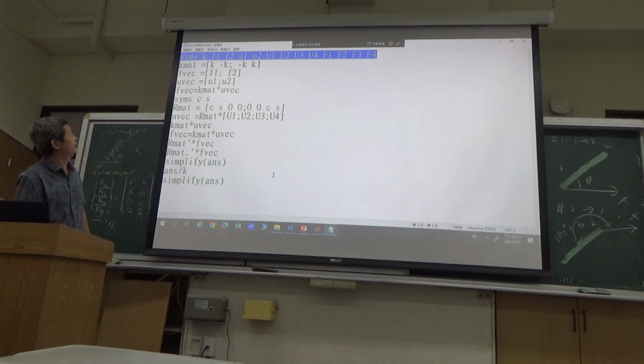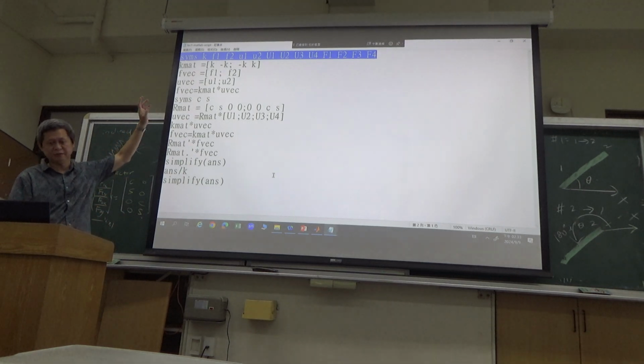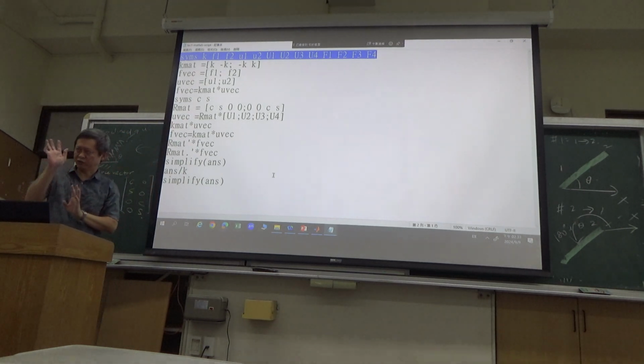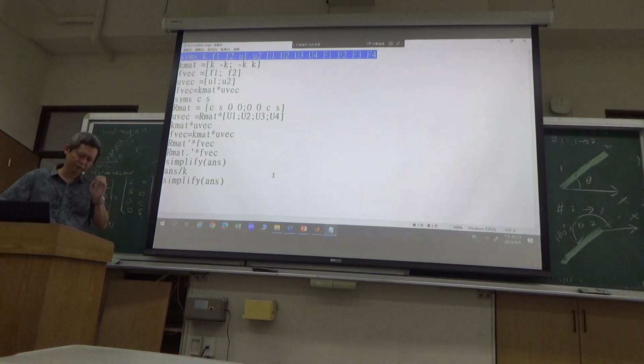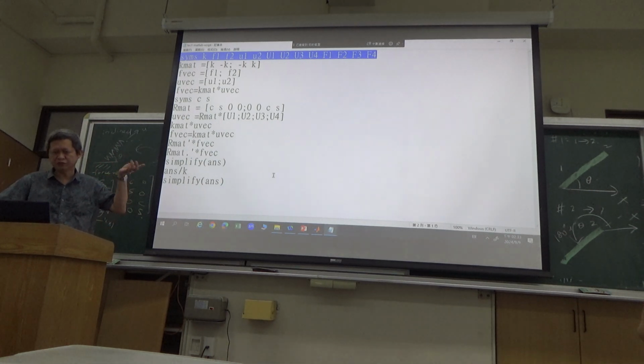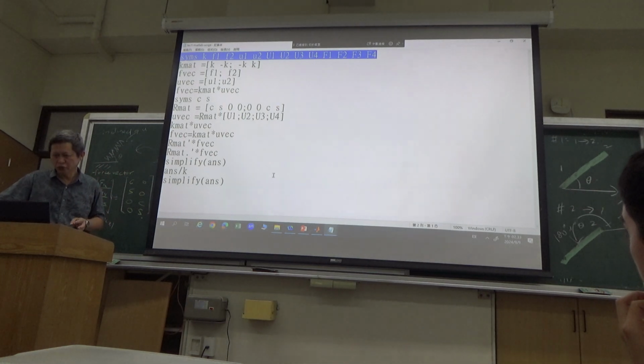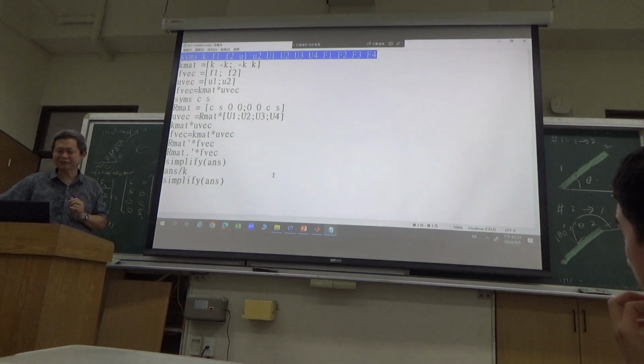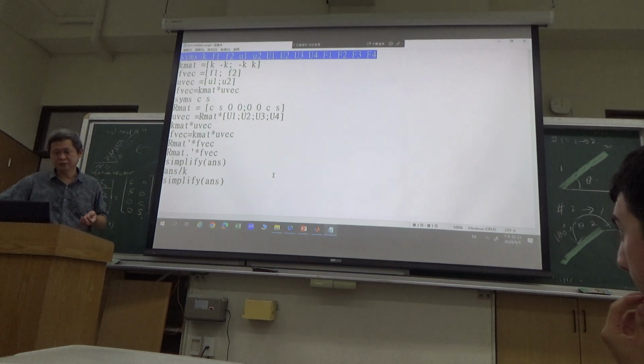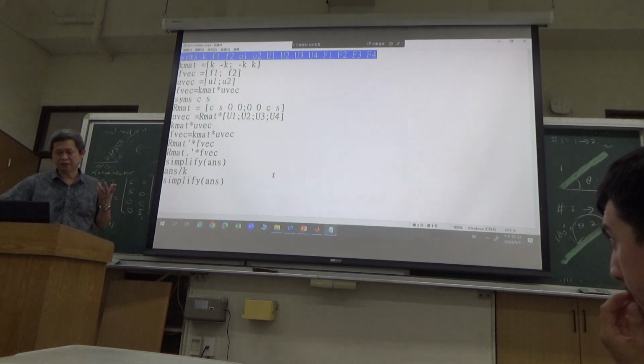The first row we define K to be a symbol in MATLAB, not a number, because MATLAB is good at matrix manipulation by number. But this one I have to define as a symbol. You have K symbol, F1 symbol, U1, U2. Lowercase u1, u2 means the axial displacement. Capital U1, U2 means displacement in the global coordinate.